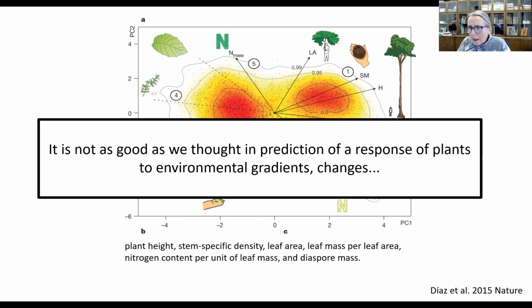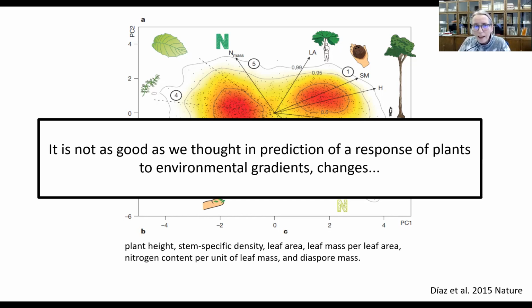Yes, people were saying it is nicely describing plant strategies. Even though we knew them before, so we knew that there are herbs and trees, we have it measured now.